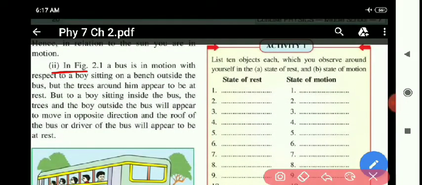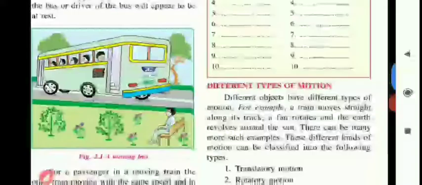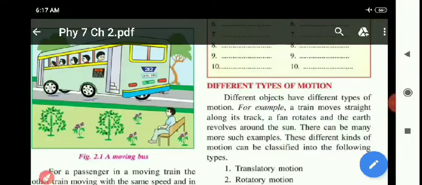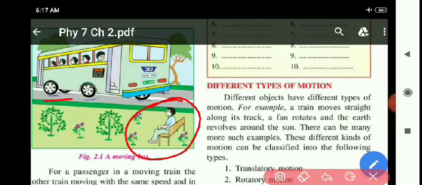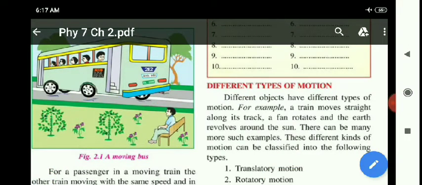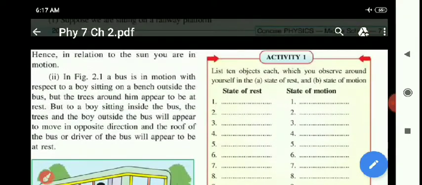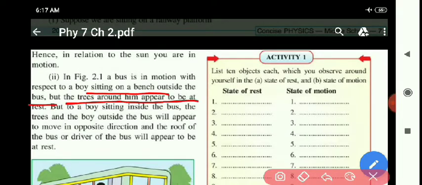Now, second example, in figure 2.1, see the figure. This is the bus, this is the person sitting here, and the bus is moving. The bus is in motion with respect to a boy sitting on a bench outside the bus, but the trees around him appear to be at rest.